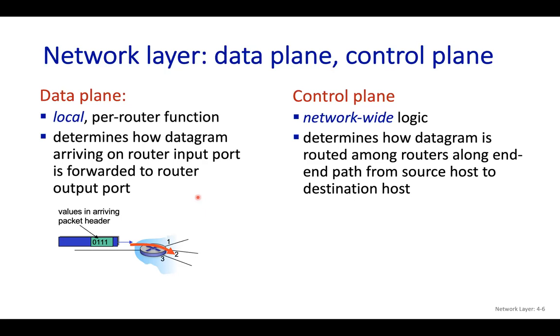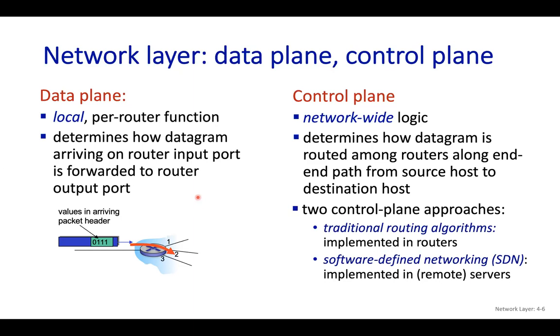So you can think of the data plane and the control plane as corresponding to the previous forwarding and routing functions. The traditional routing algorithm is implemented in the routers themselves.